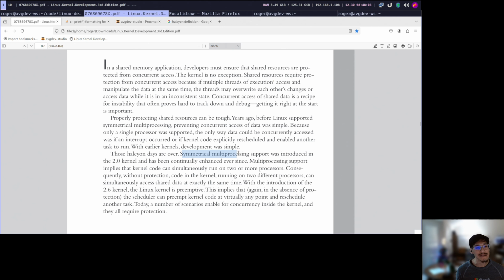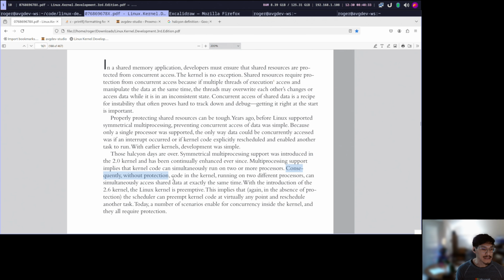Symmetrical multiprocessing support was introduced in the 2.0 kernel and has been continually enhanced ever since. Multiprocessing support implies that kernel code can simultaneously run on two or more processors. So if you write code that can simultaneously run on two or more CPUs, then you can consider yourself to have multiprocessing support.